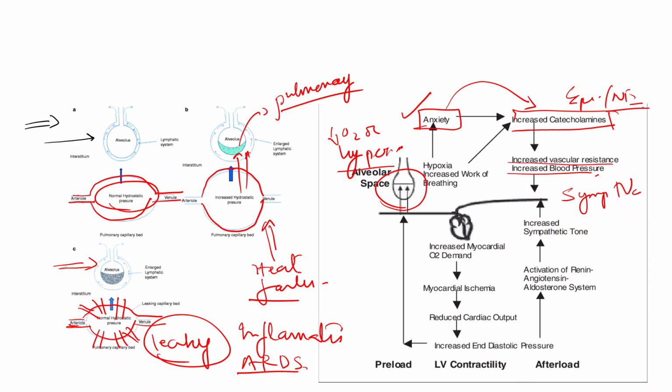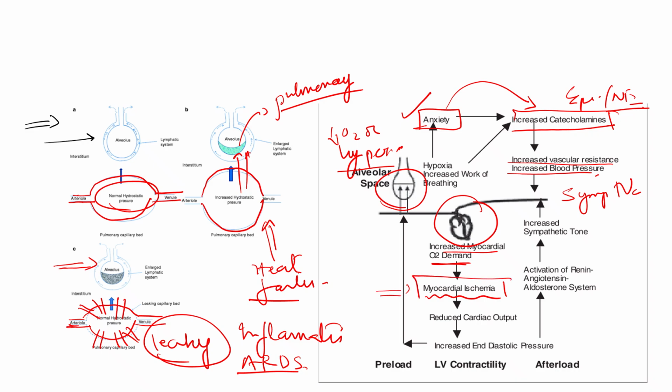Increased vasoconstriction will result in increased load on the heart, and if the heart is already weak and patient has hypoxia, that will increase myocardial oxygen demand, which is putting the patient at increased risk of myocardial ischemia.